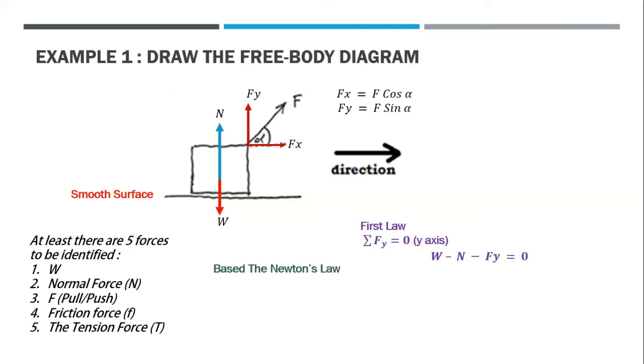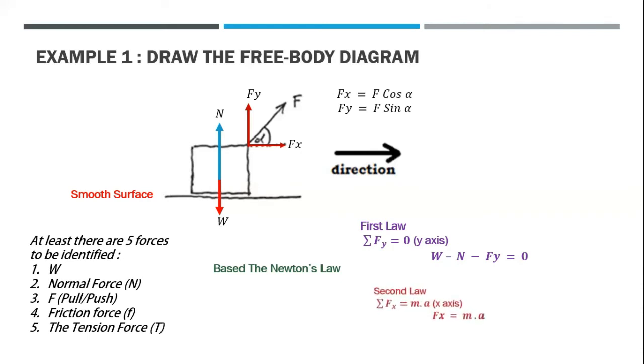Based on the y-axis, we'll find that W is downward and Fy is upward. So we can write that W is positive, and the N force and Fy force are negative, because we follow the attraction of gravity, downward is positive. So we can write that W minus N minus Fy equals 0. Very simple, right?